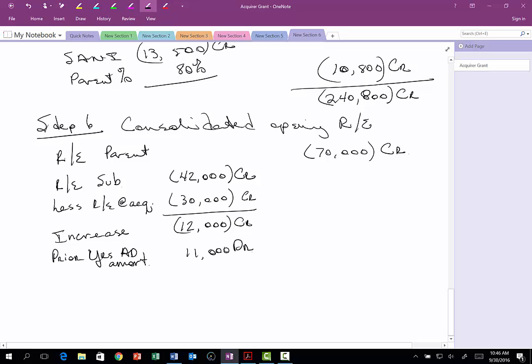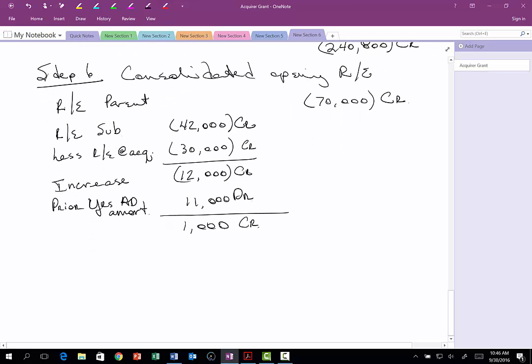So that really means our equity pickup, the amount of equity that we can share in, is really only $1,000 since acquisition. It's a $1,000 credit position, so we can only really share in that $1,000.